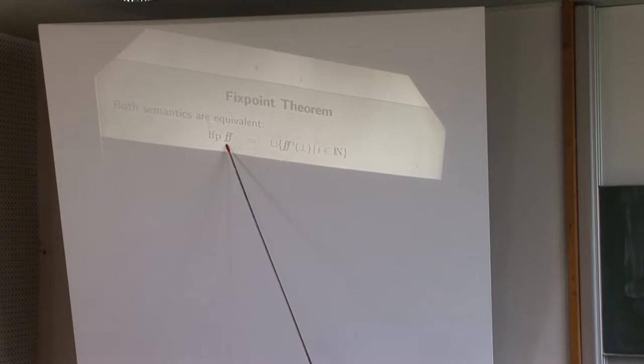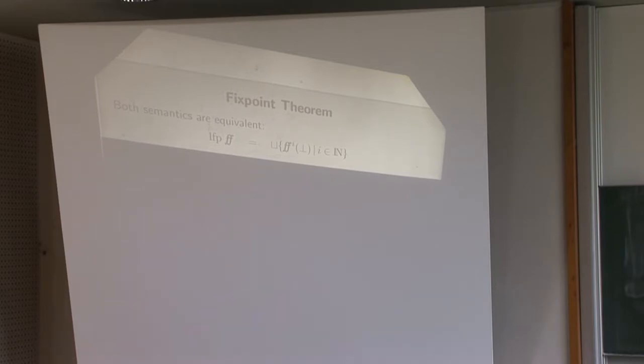The only difference is that the recursive call is replaced by a function variable. And a fixed point of ff means a function that satisfies the defining equation of fact. There may be many functions that satisfy this. We want to take the smallest one, the least fixed point. This means it should be as undefined as possible. It should only be defined if the definition of fact really enforces it to be defined.